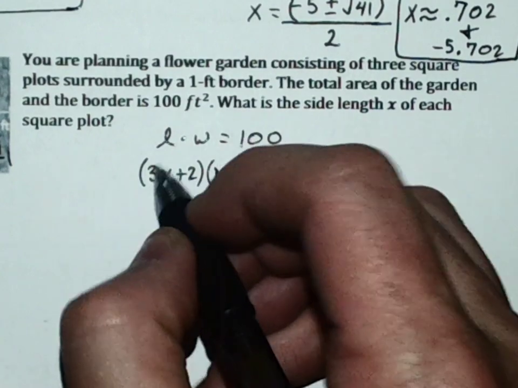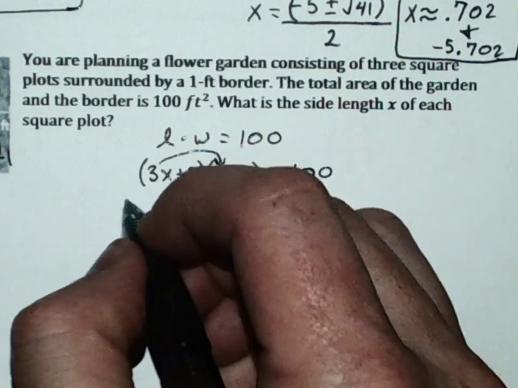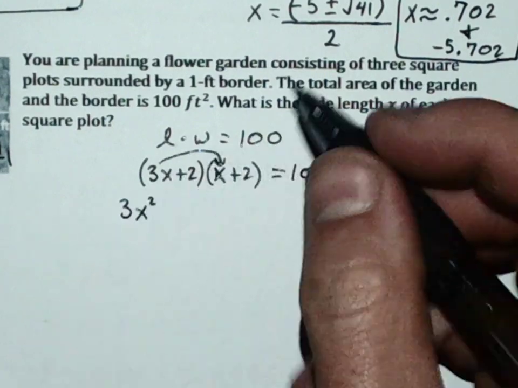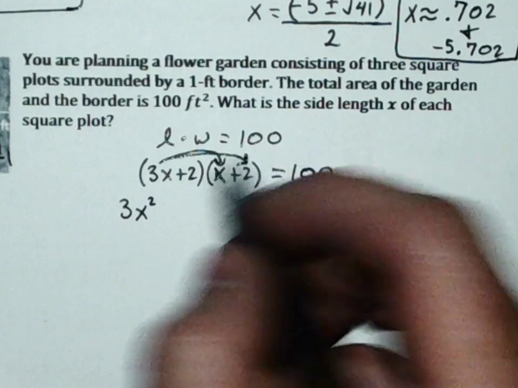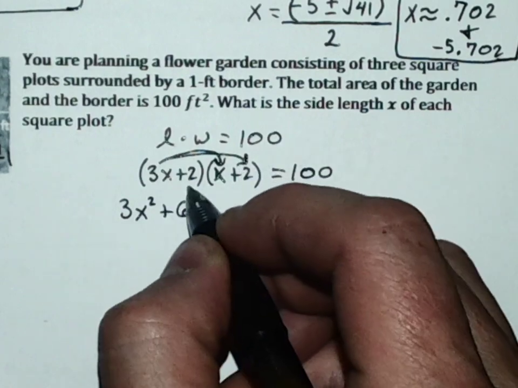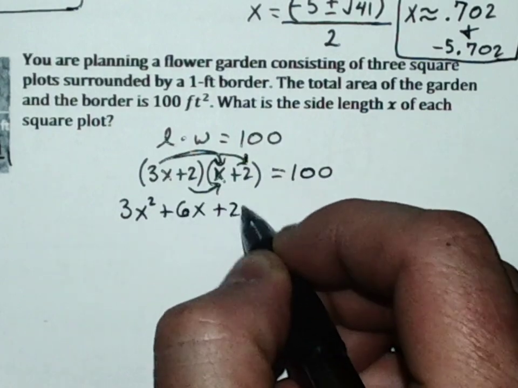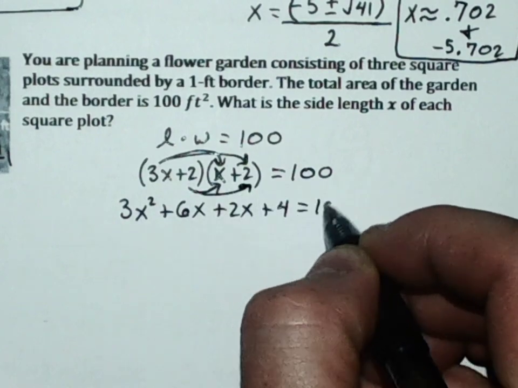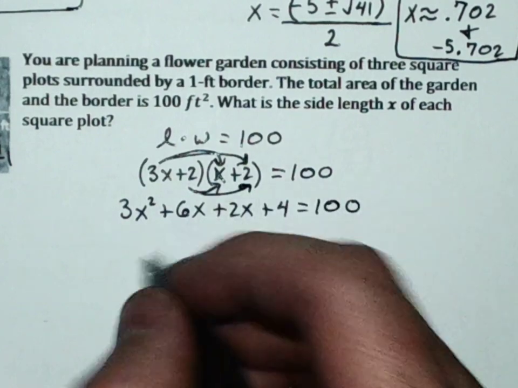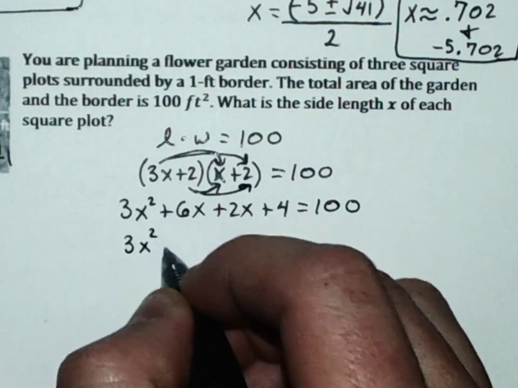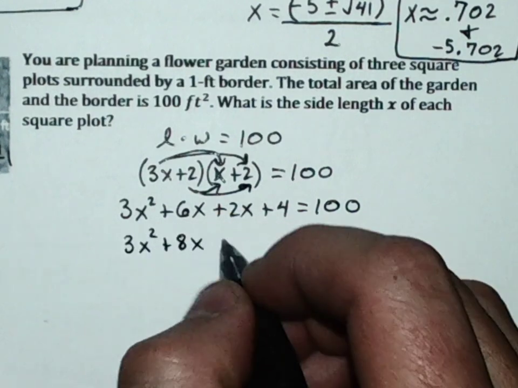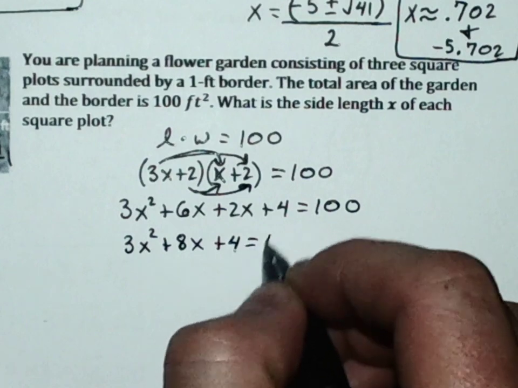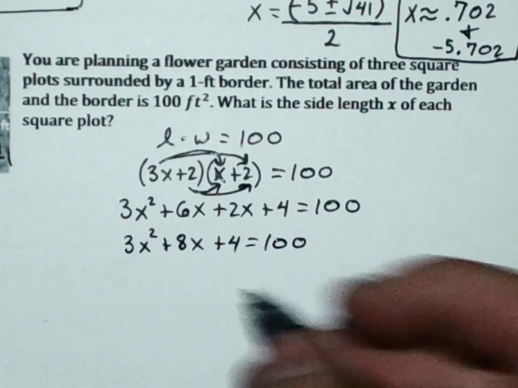Double distribute. 3x times x is 3x squared. 3x times 2 is 6x. 2 times x is 2x. 2 times 2 is 4. Combine my like terms. 3x squared plus 8x plus 4 equals 100.